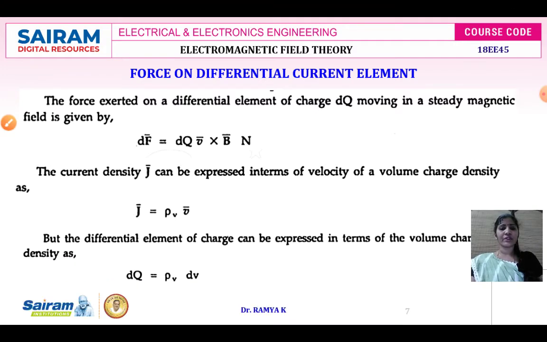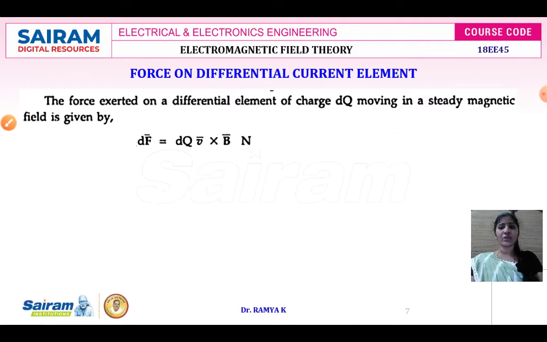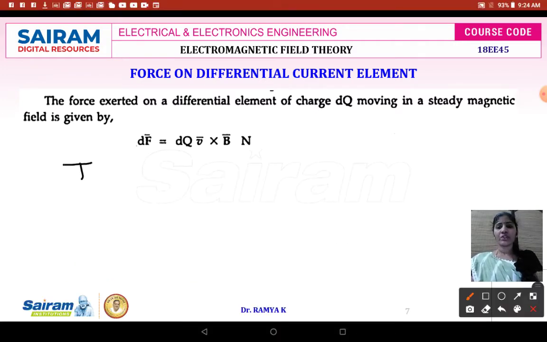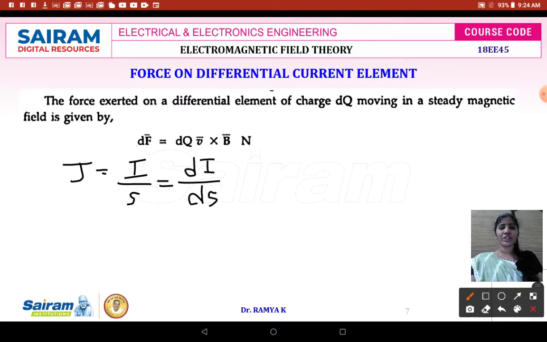First I will derive this equation. We all know that J is equal to I divided by S. When you are assuming a differential surface area, the current carried in that space will also be differential, which is equal to dI. We all know that the current I is the movement of charge in unit time. Therefore, dI can be written as dq divided by dt.